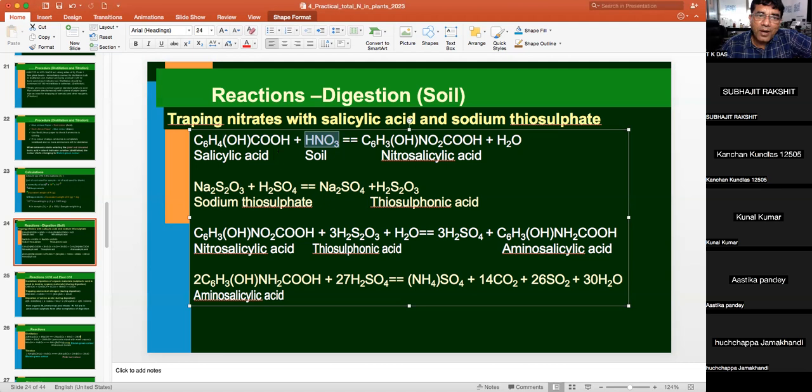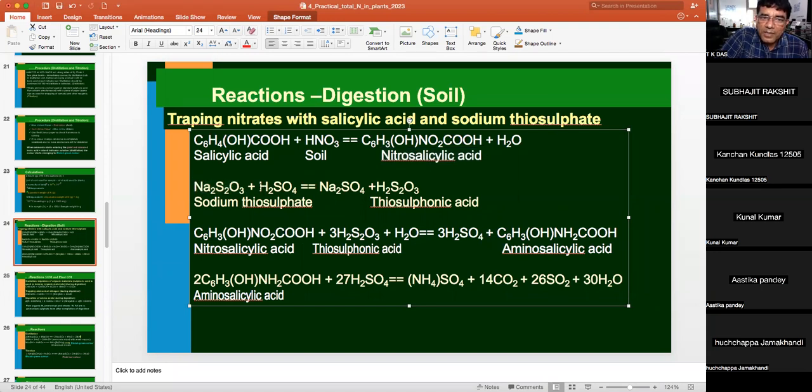Now salicylic acid will react with this and form nitrosalicylic acid. Now nitrogen, as NO2, has become part of this organic compound. This is nitrosalicylic acid. You also remember sodium thiosulfate was there.